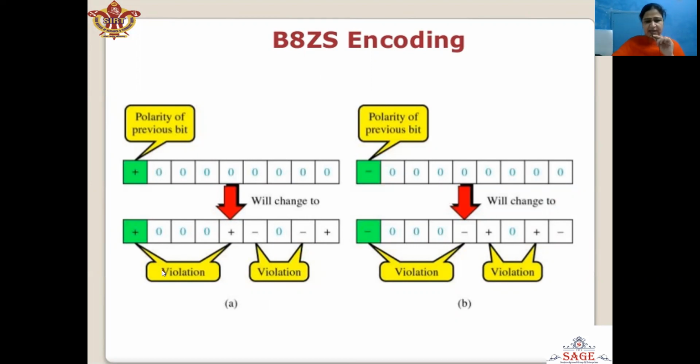I have marked it as violation bit 000V, then B0V. This violation bit will violate the rule with this non-zero pulse. Similarly, here also this is the violation pulse which will break the rule according to this previous negative bit, and this violation bit will break the rule with respect to this positive pulse.